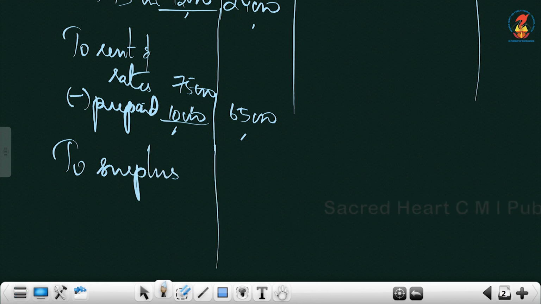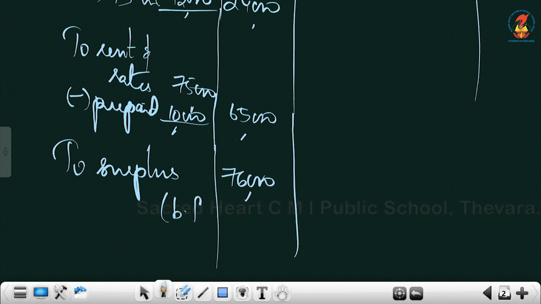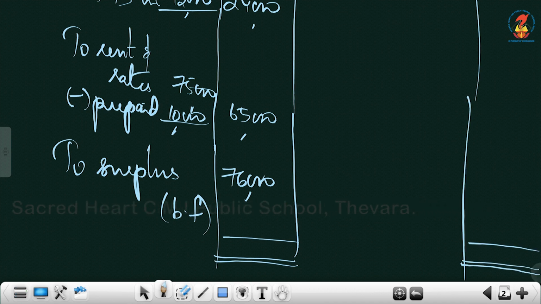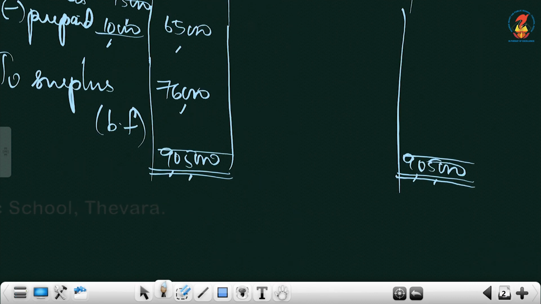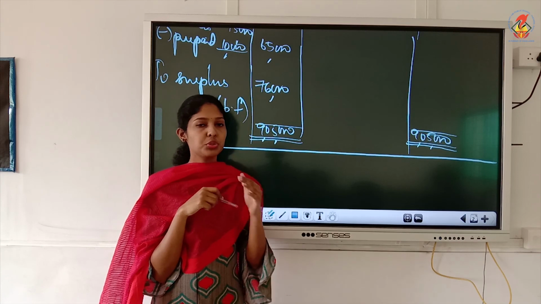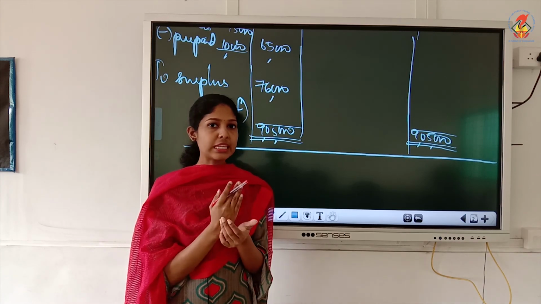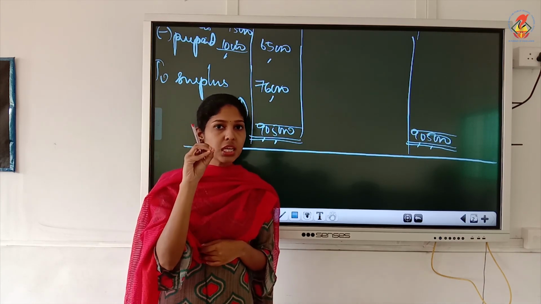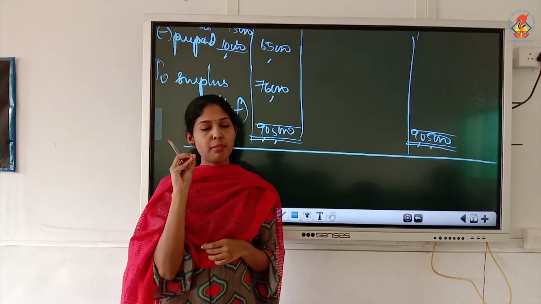Either a surplus or a deficit you will get. Surplus figure here is 76,000 that you have to compute. This is a balancing figure of this account. The totals are 9,05,000. As usual, you can close once you finish this account. So now you got an idea how to do the income and expenditure account. Always remember the features of income and expenditure account.